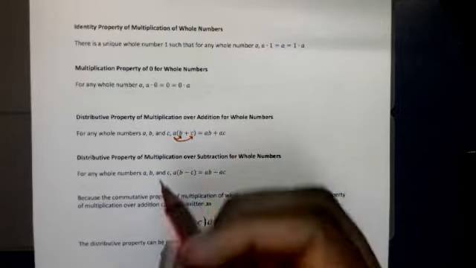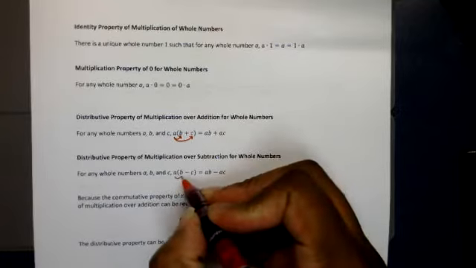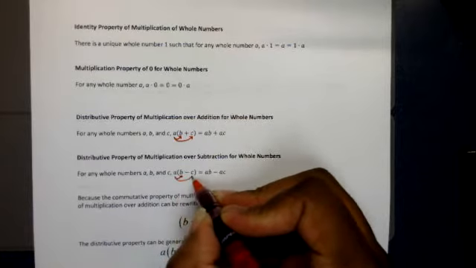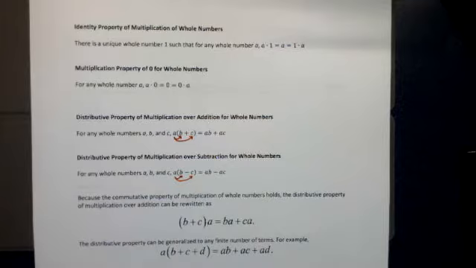So again, A times B minus A times C, for any whole numbers A, B, and C.